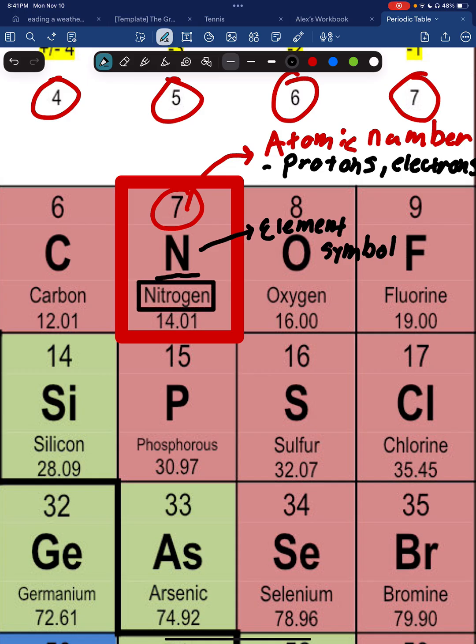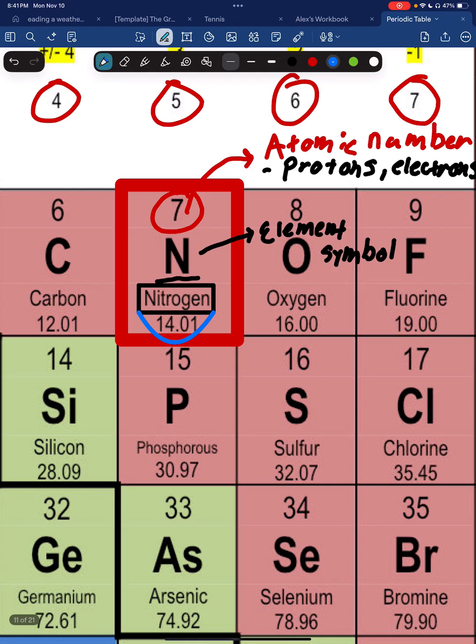Now, the last thing here, this 14.01, also tells you quite a bit of information. Or what we'll do in our case is just round it to 14. This here tells you your atomic mass.